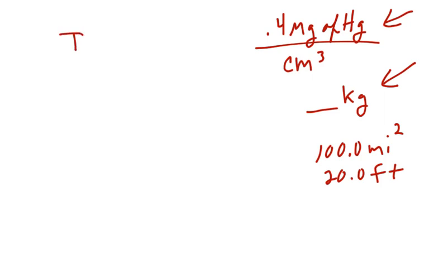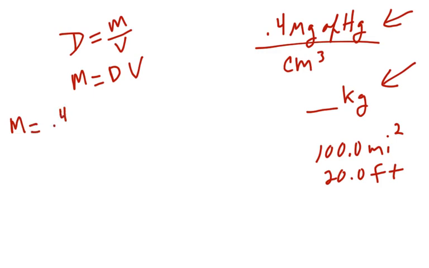If I take the area times the depth, that'd be 3 dimensions, and I could have a volume. And we know density equals mass over volume, and we're trying to solve for the mass. So the mass would equal the density times the volume. Now, that means if I want to find the mass, I would take the density, which is 0.4 micrograms over cubic centimeter, times a volume. But what units do I want that volume to be in?